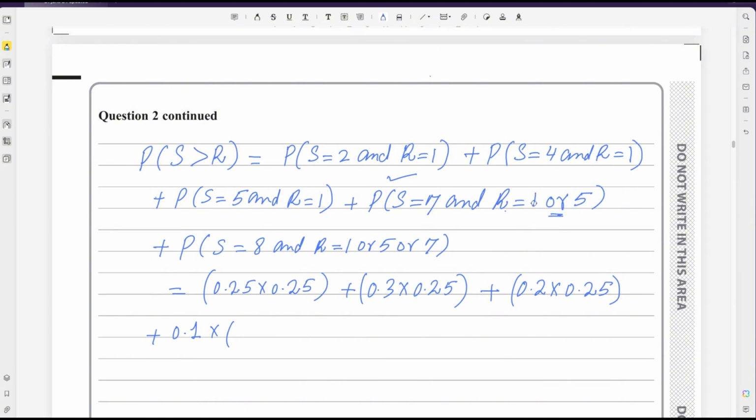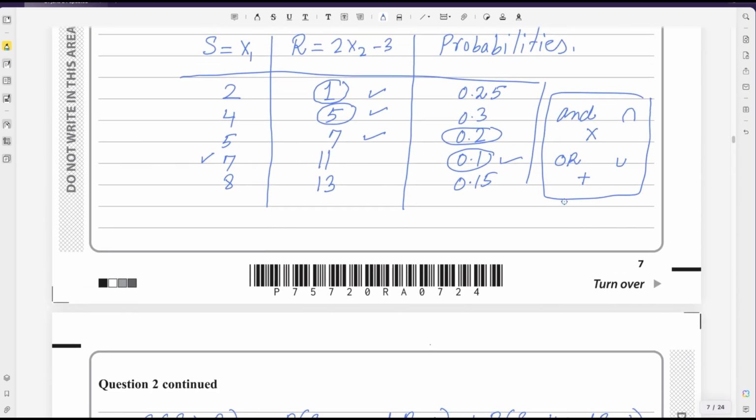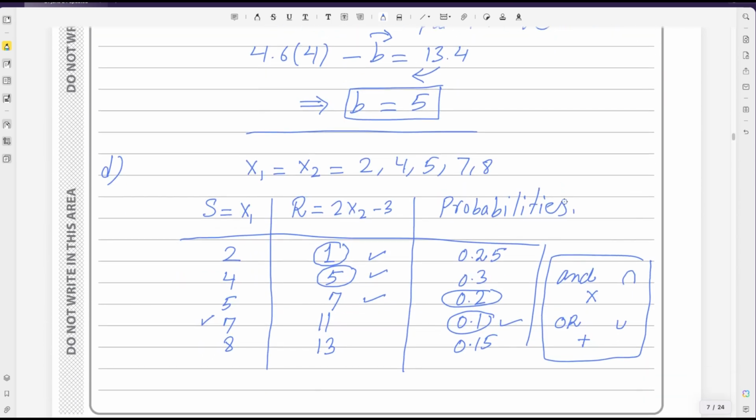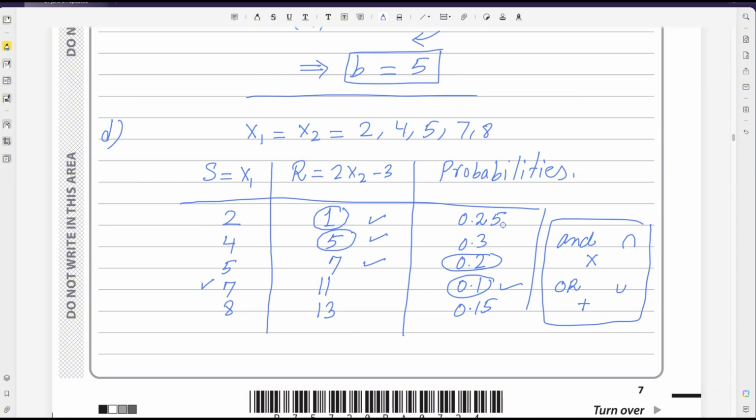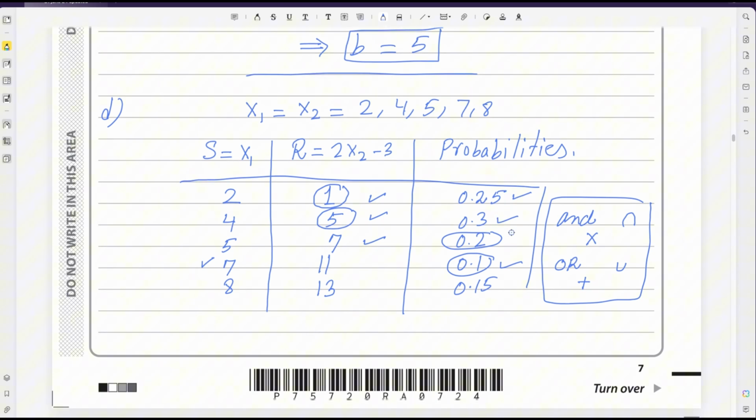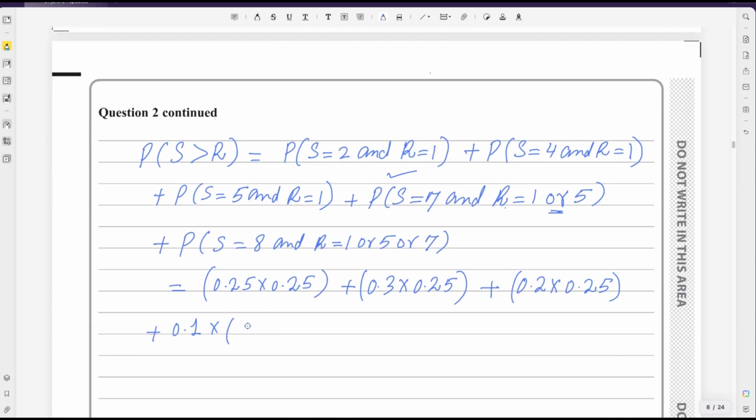Okay, probability of R equals 1 or 5. We will add these two probabilities. Look here, for 1 the probability is 0.25, and for 5 probability is 0.3. We will add these two probabilities, 0.25 plus 0.3. So we have to add these two probabilities for 1 or 5.